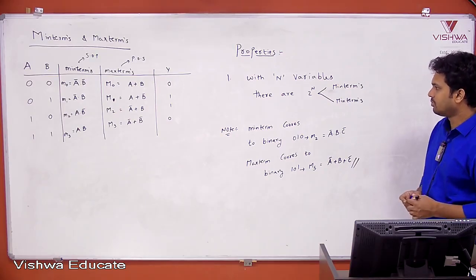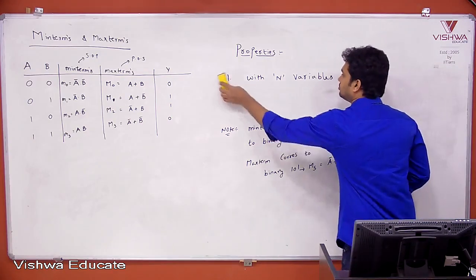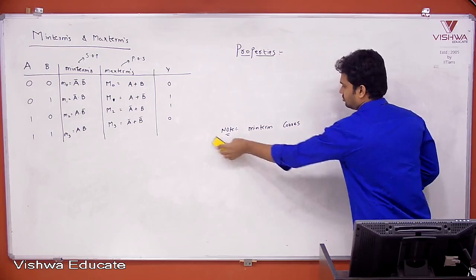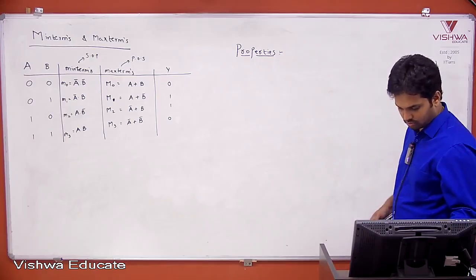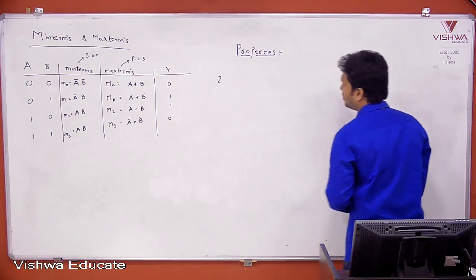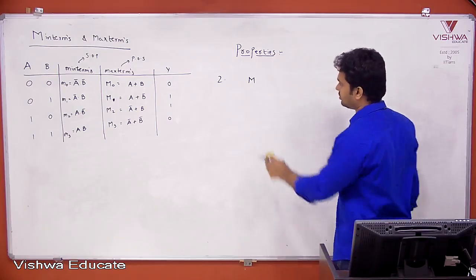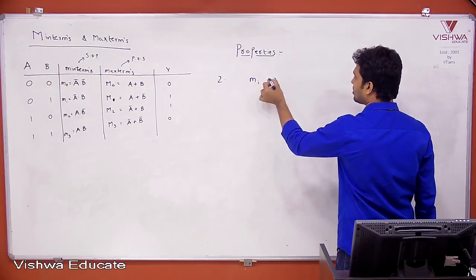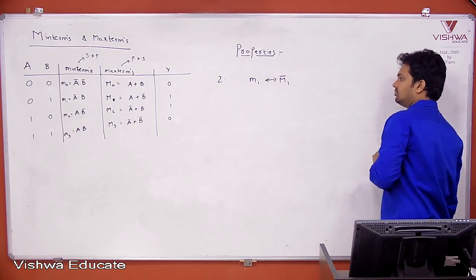Second point. Write down like this: minterm i is complement to maxterm i and vice versa.